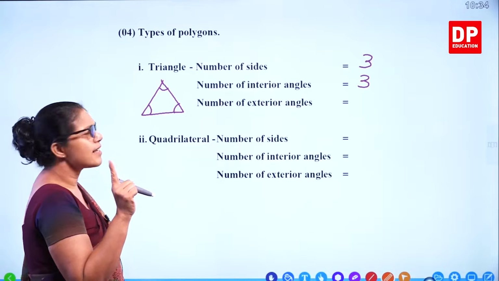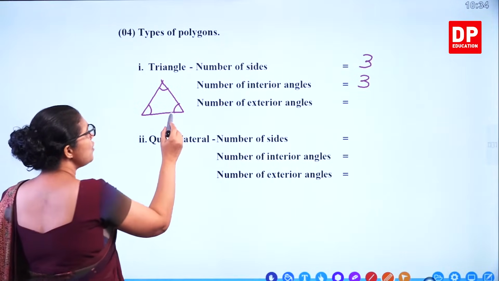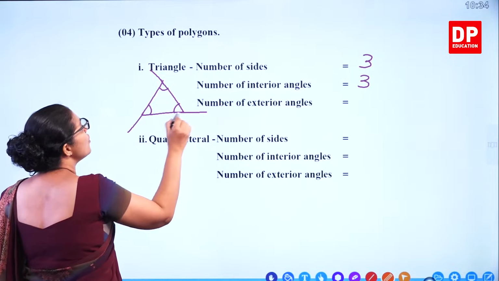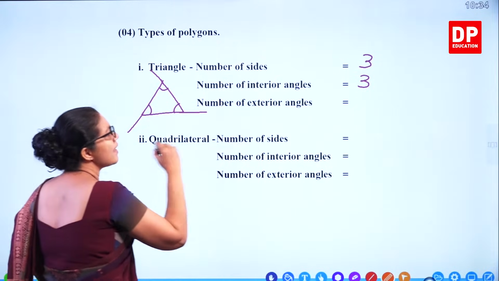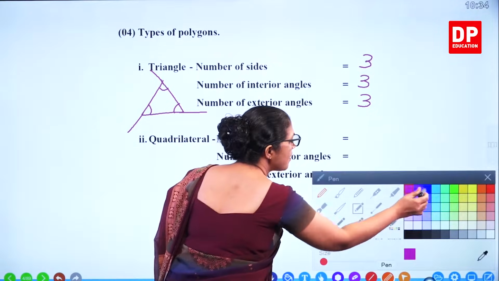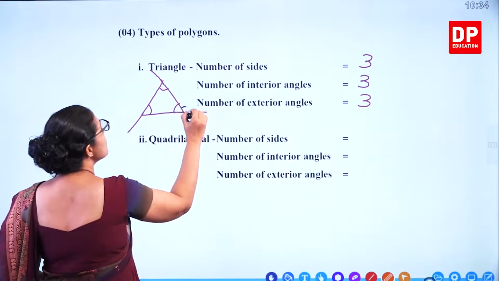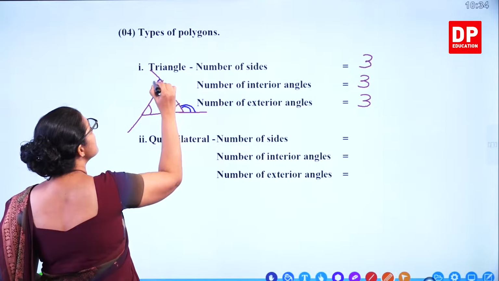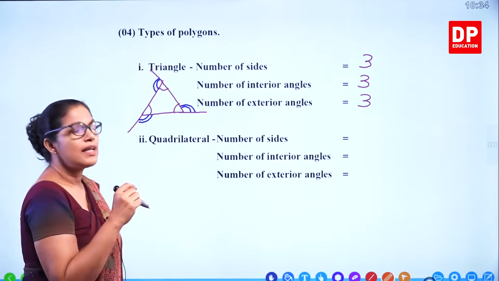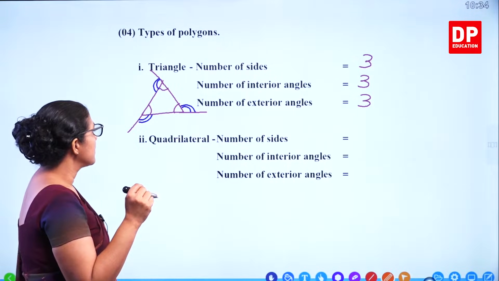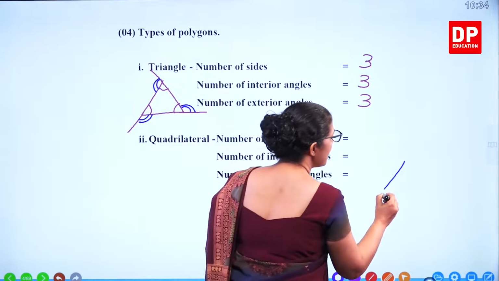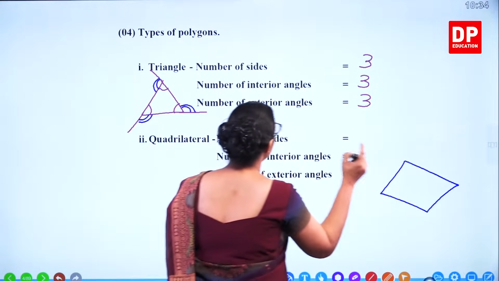So how do you get exterior? When you extend the lines, you get exterior. So you get 3 exterior angles. When you take this diagram, this is one exterior angle, this is another one, this is the third one. 3 exterior angles.